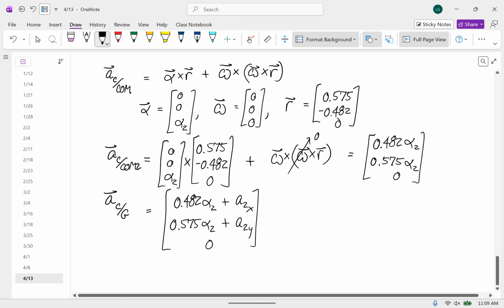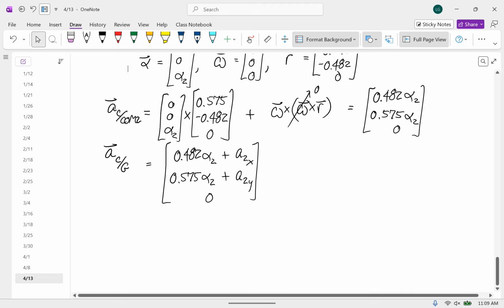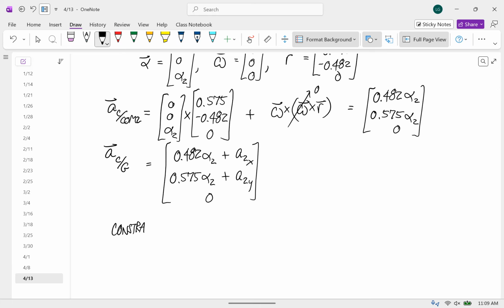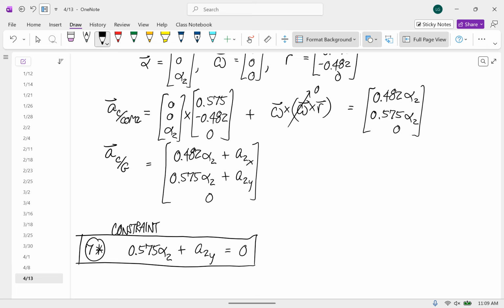The y component needs to be 0 because of the nature of that joint. And so the constraint equation, this is 7 star, says 0.575 alpha 2 plus A2y is equal to 0. And then you have your system of 7 equations for 7 variables. Anybody have any questions about that? Okay.